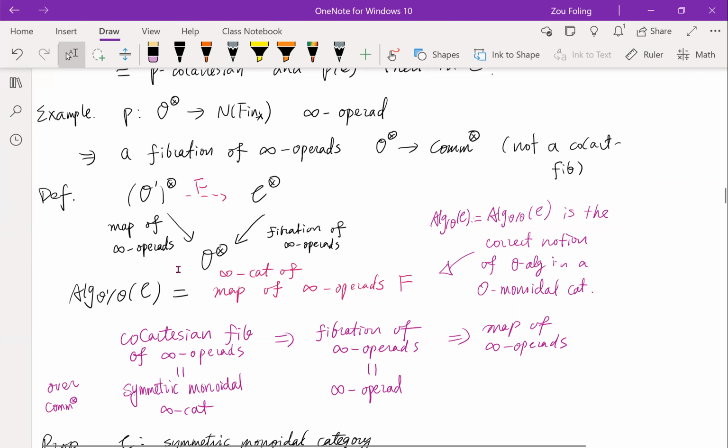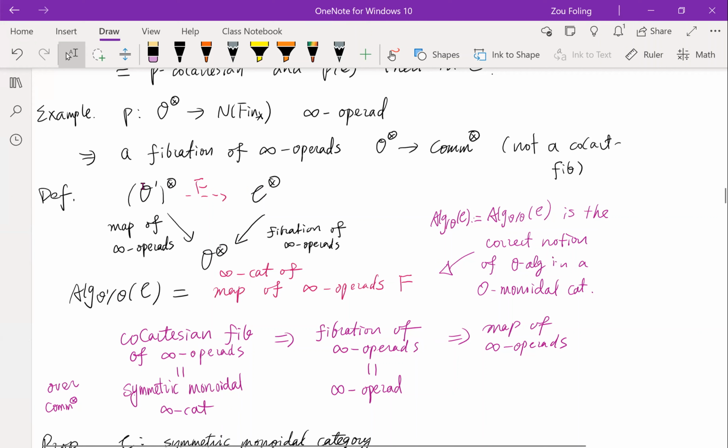If you have a diagram like this, an infinity operad map and a fibration, then your algebras in C tensor under O prime above O are defined to be the infinity category of just maps of infinity operads fitting into this diagram.